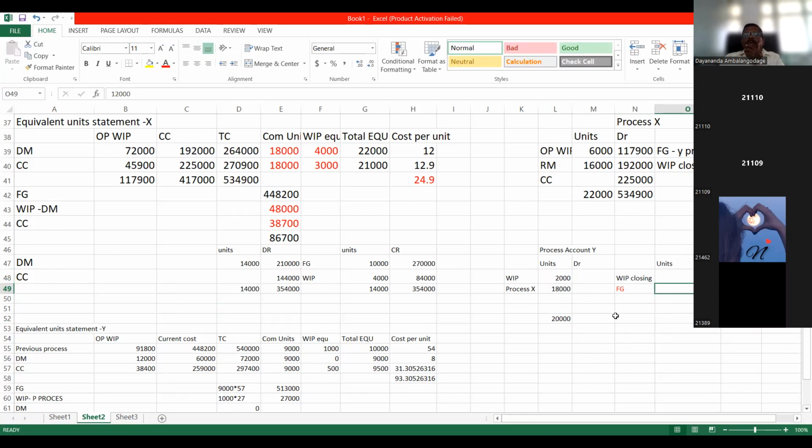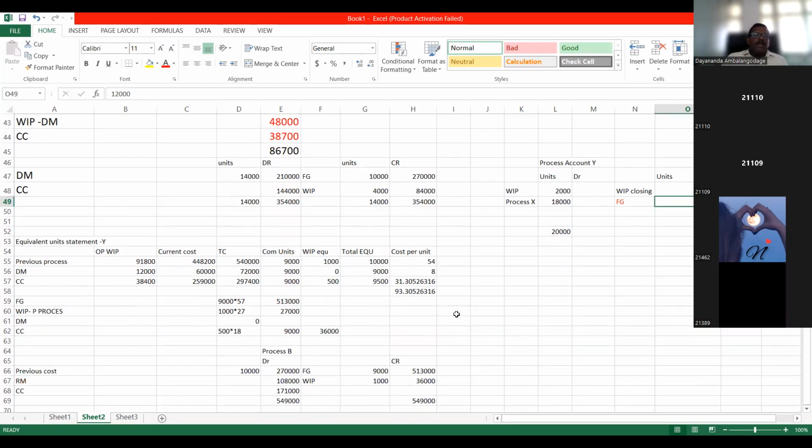Now, of course, you can prepare the account. Shall we come to this process account later on? We will just complete the WIP. So what I did was I took the opening WIP and the current cost.